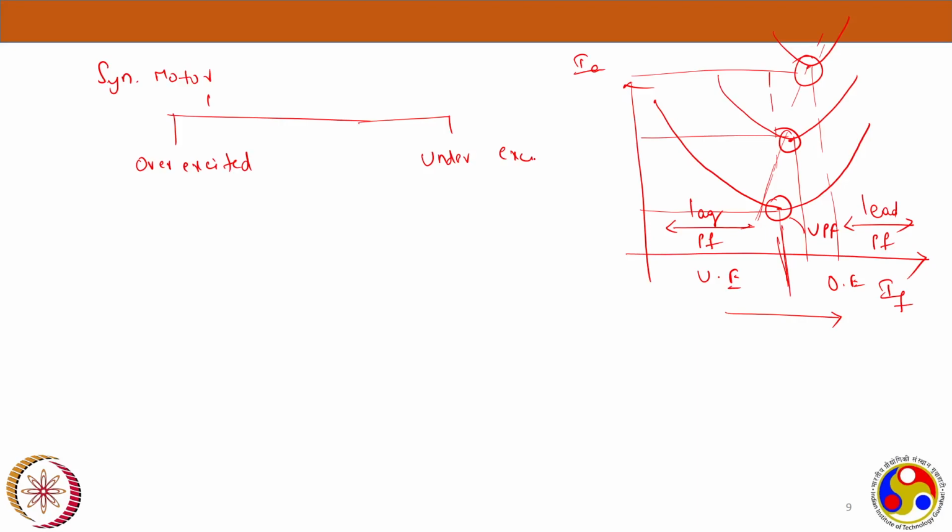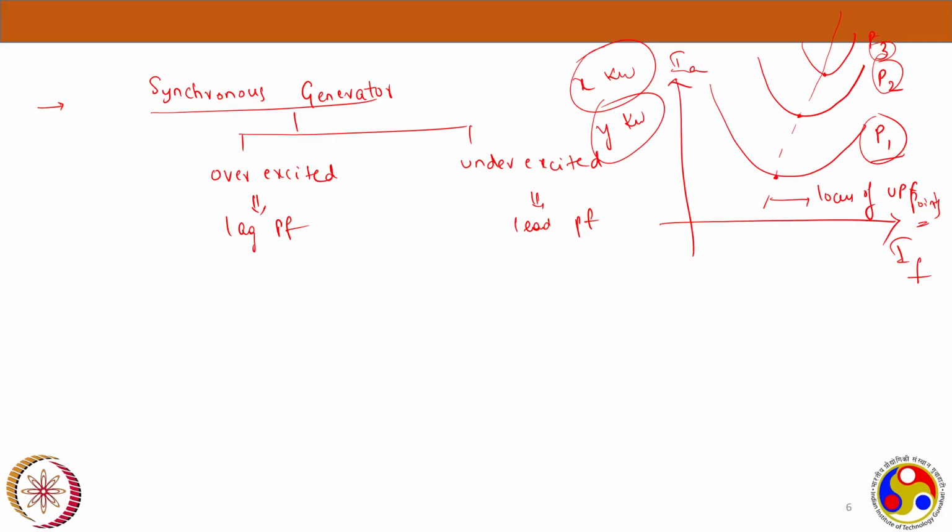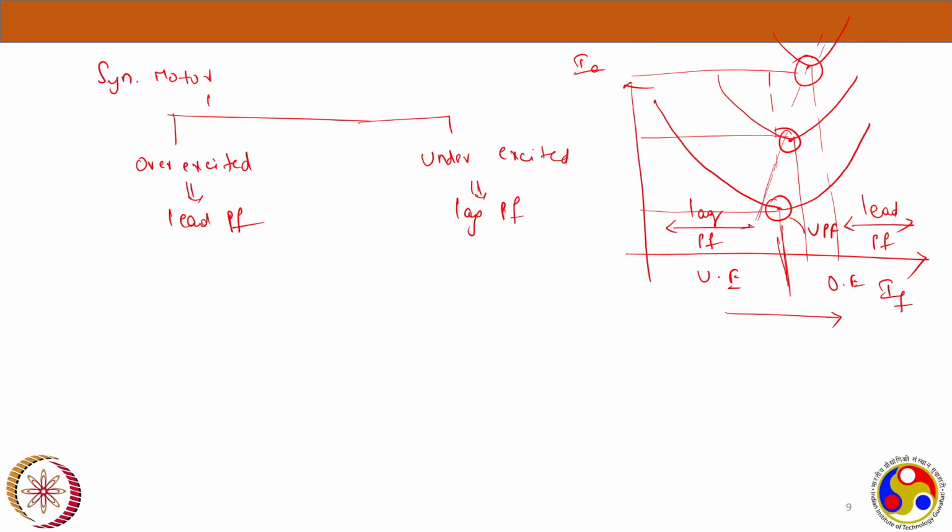Under-excited will give you a lagging power factor. If you see the same for the generator, it's a reverse operation. Under-excited is giving a leading, whereas over-excited is giving a lagging power factor operation. Right, so this is the basic understanding of the effect of variation of excitation on the synchronous motor.